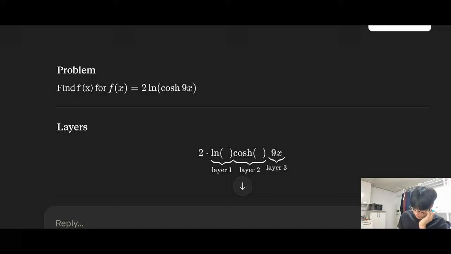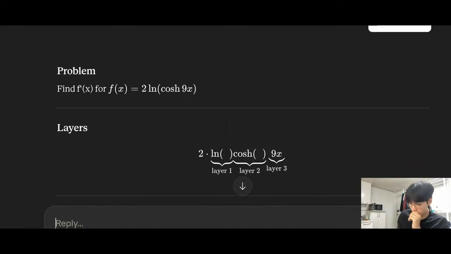Oh, okay. So layers. Just ln is one layer.